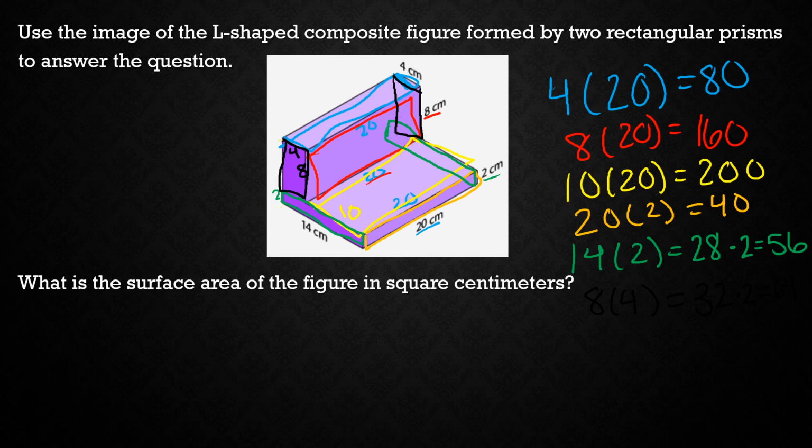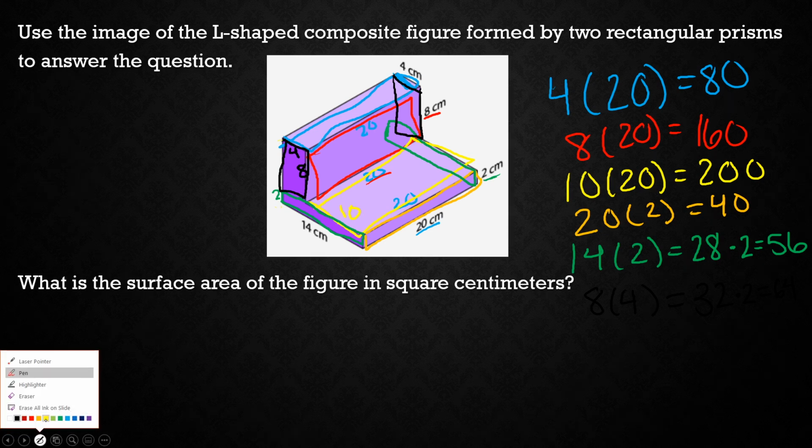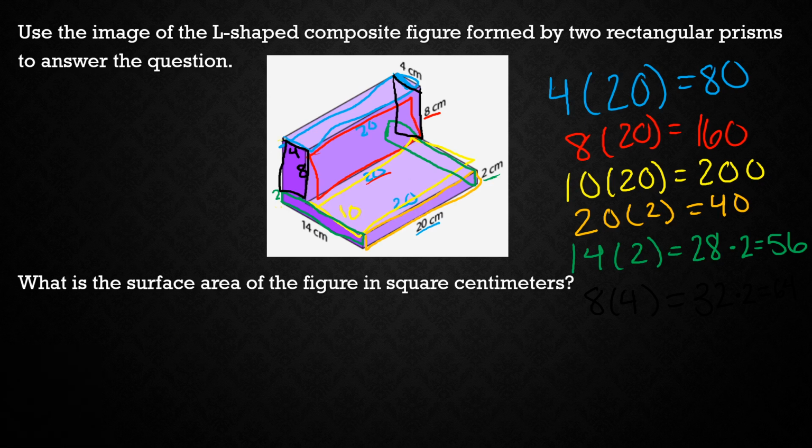Alright, so now at this point I only have 2 surfaces left: the very back piece of my L, and the very bottom, the base of my L. Let's do the light green. I'm going to do the back, which is all this stuff back here.